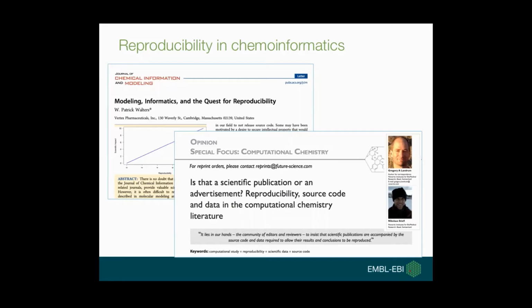So myChEMBL is a platform with standardized data and tools, so it could be used as a platform for reproducibility, allowing people to share the results, share algorithms, giving the opportunity to other people to evaluate and test these algorithms and then build on top of these.